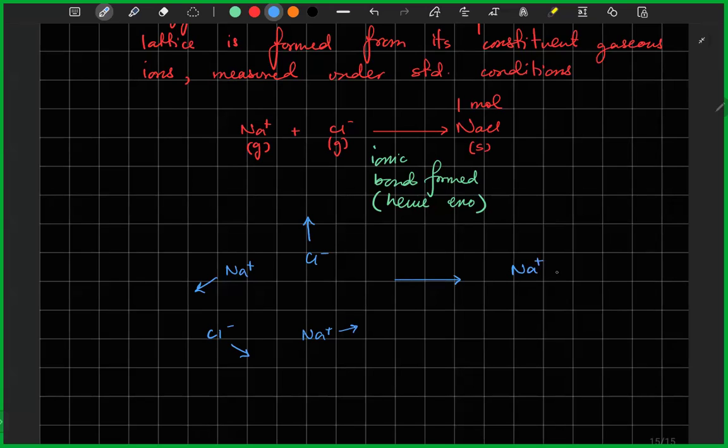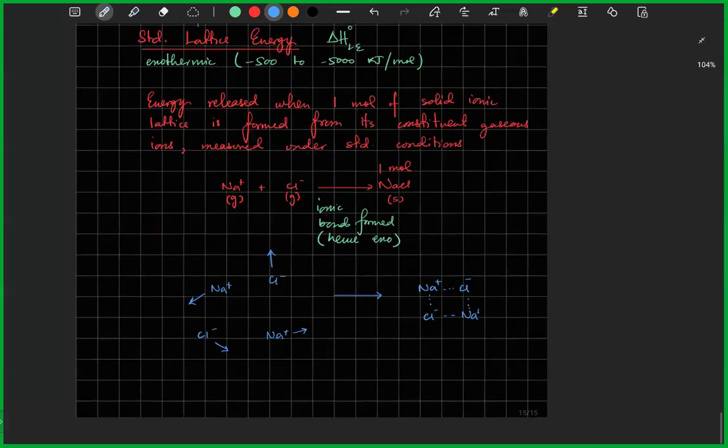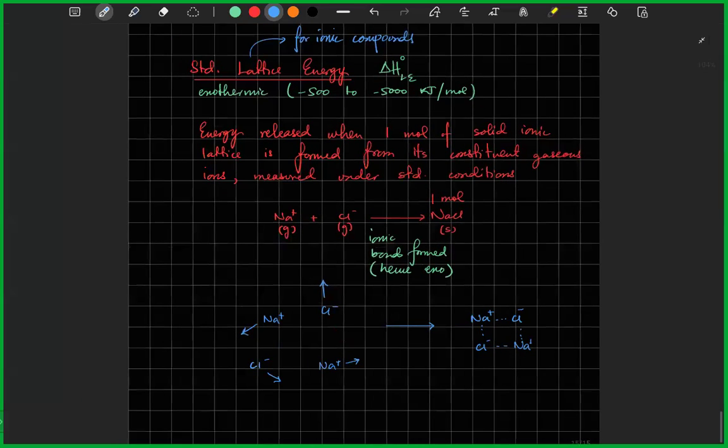And when they ended up attracting each other, they started to strongly attract each other and they started bonding or binding themselves together, sticking to each other. And they end up forming this ionic crystal, okay? So it was bond formation only, and that's what lattice energy is. Okay? So that's what lattice energy is.